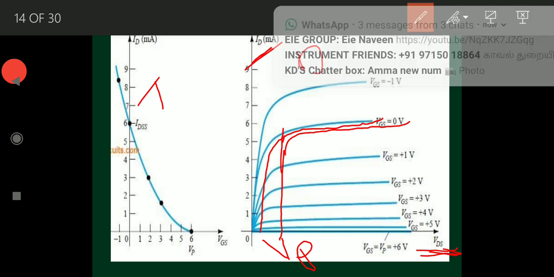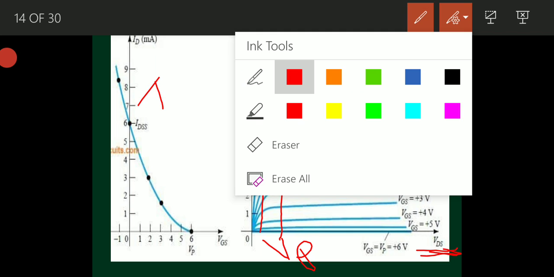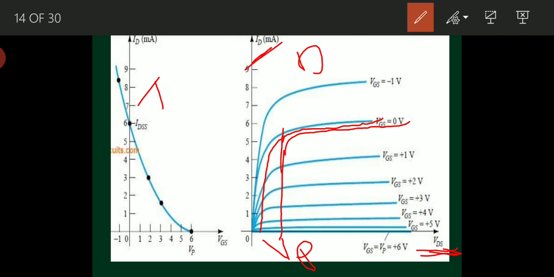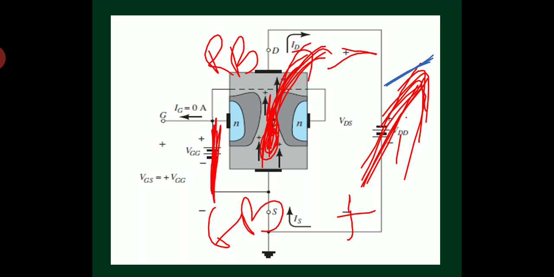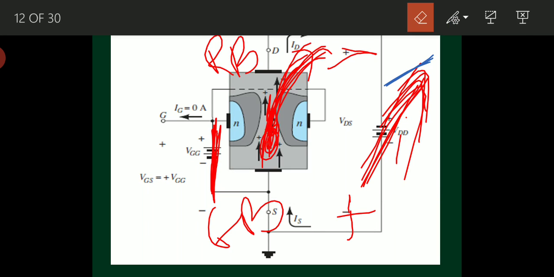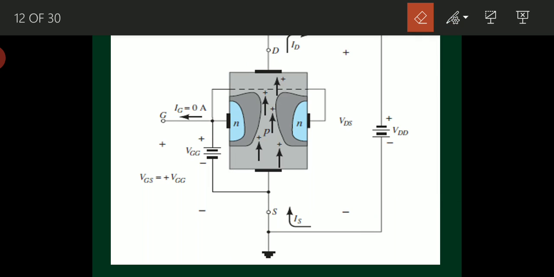What is case 2? Case 2 is when Vgs greater than 0. This is positive, this is negative. In the diagram it was shown wrong, so don't get confused. So Vgs is positive now, means Vgs greater than 0.